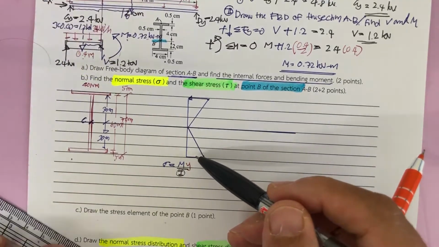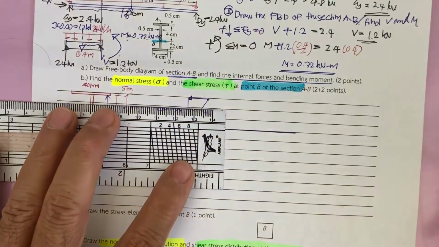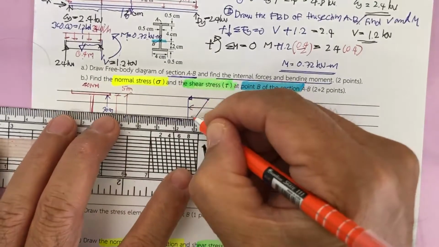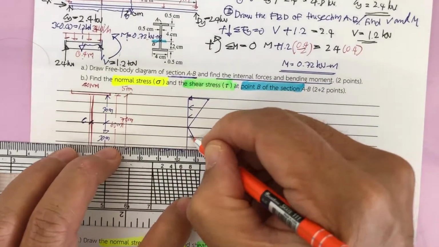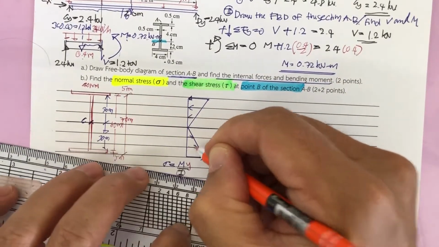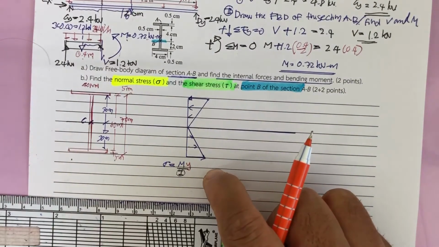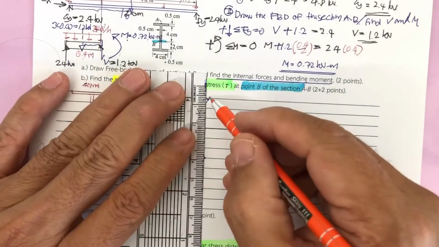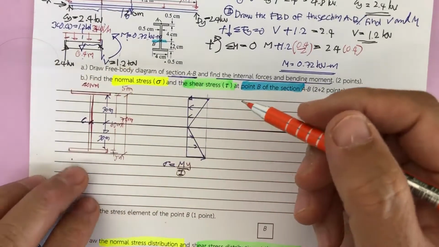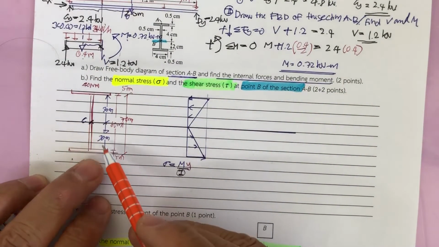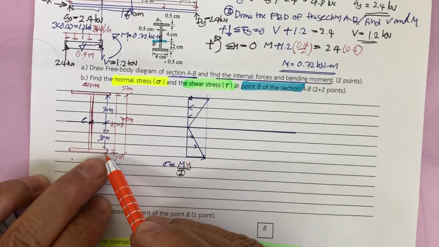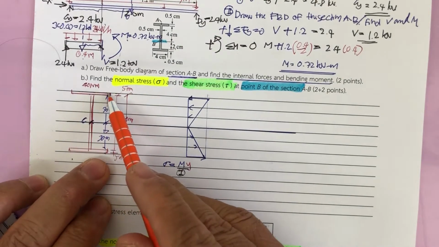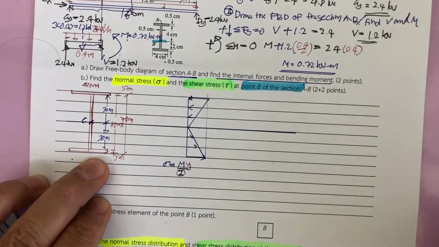So this is a linear function. The top is going to be in compression, the bottom is going to be in tension, and it has a linear relation. The stress on the top and the stress on the bottom must be equal because the distance 35 millimeter, the distance 35 millimeter, they are equal.